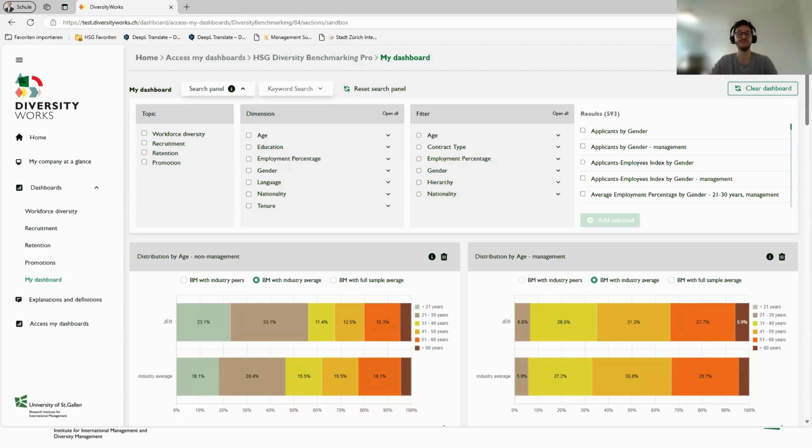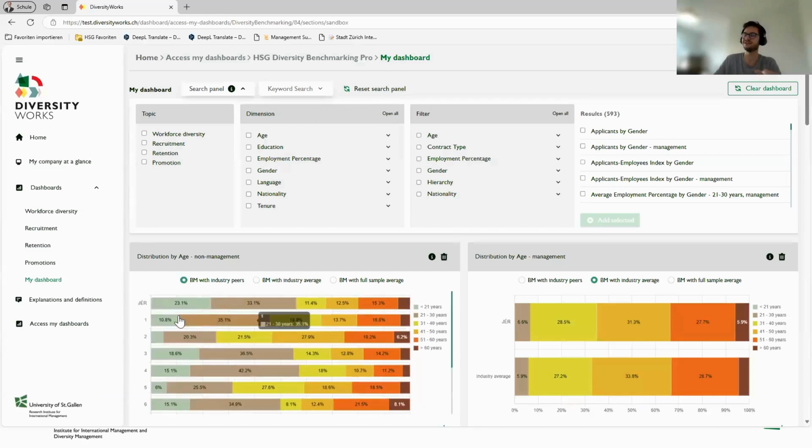But in this dashboard, we always compare my individual company results, which you can see here above, with the industry average. I can also change the view to alternate the comparison. So here I can, again anonymously, see the individual results of the companies within my industry average.